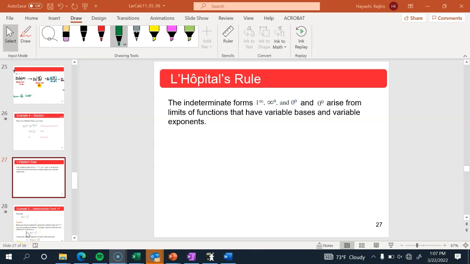Infinity to the 0th power, 0 to the 0th power. I don't really know why that last one's there. Maybe there was a negative sign that was supposed to be in front of it or something. But one thing I want to note is that this does not include 0 to the power of infinity, which just equals 0.